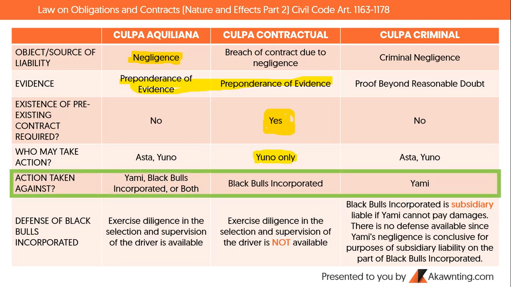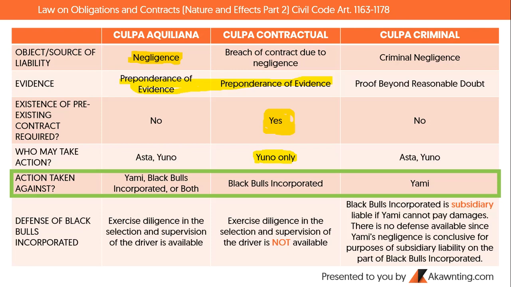So, in culpa aquiliana, pwede mong kasuhan is either Yami, the driver, or the Black Bulls Incorporated, which is the owner of the bus driven by Yami, or both of them can be prosecuted. Okay, pagdating naman sa culpa criminal, so it's only Yami.